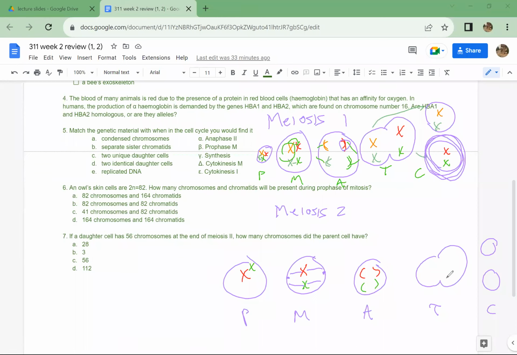And we get them now separated with a cleavage furrow forming in telophase of meiosis 2. My voice is starting to get soft because I'm tired.